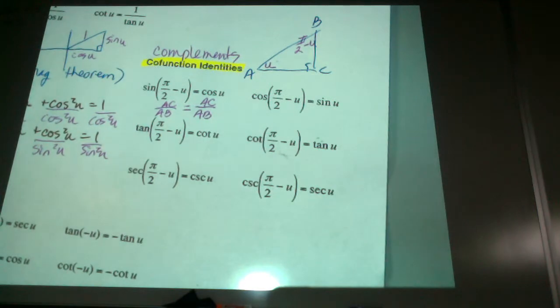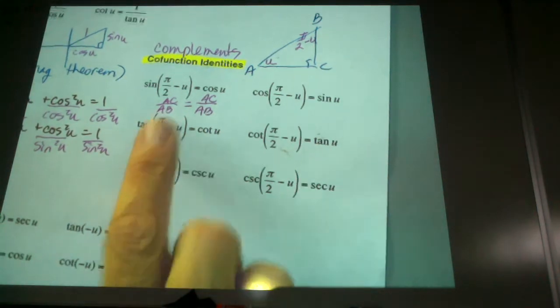And in our minds, we generally think of sine and cosine going together, tangent and cotangent going together, and secant and cosecant going together. So if you know that the sine and the cosine of the complements are identical, you don't have to memorize a whole lot right here. You just have to get comfortable with the fact that they're using pi over 2 minus theta or u or whatever they're using for their angle measure. And so we can replace any sine.